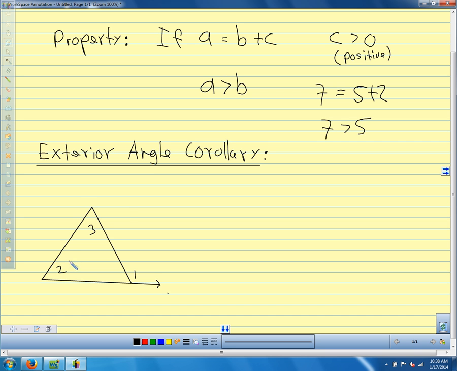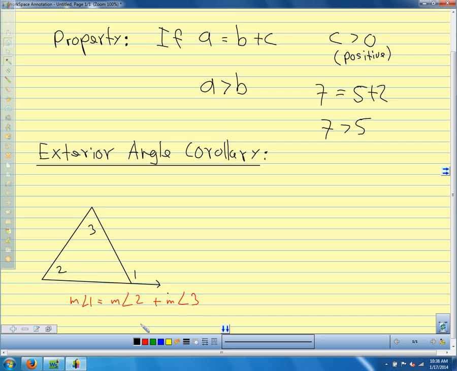So the exterior angle theorem says that the measure of angle 1 equals the measure of angle 2 plus the measure of angle 3. These three had to add up to 180. I think that's what you were thinking, Matt. All three of these added to 180, and these two added to 180. So this has to be the same as these.